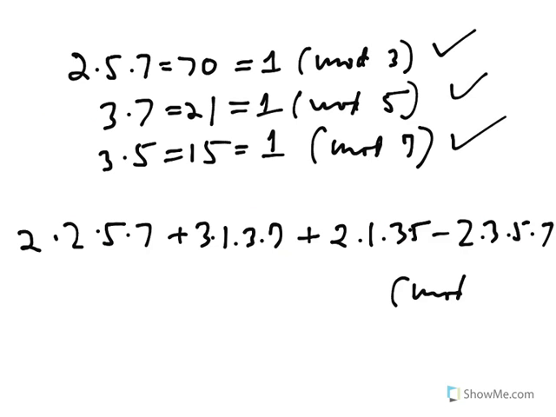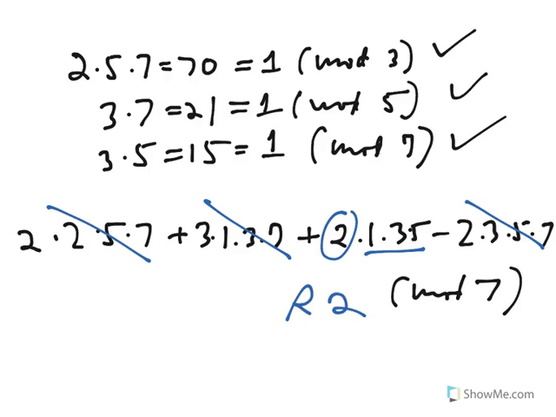And if instead I were to divide by 7, this has a 7 in it, this has a 7 in it, this has a 7 in it. So all that would matter is this remaining term. The 15 is remainder 1 when I divide by 7. This 2 in front turns it into 30, which is remainder 2 when I divide by 7.